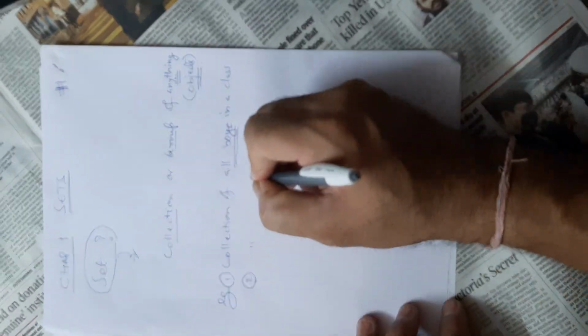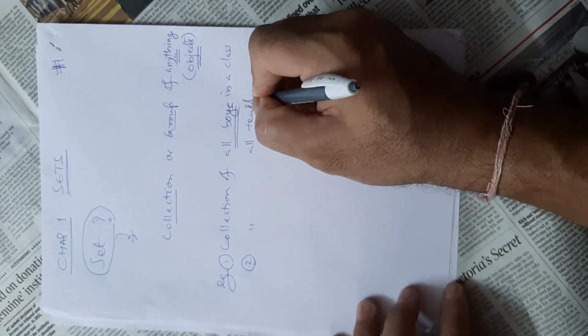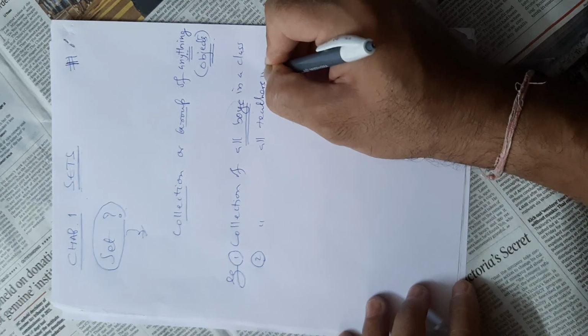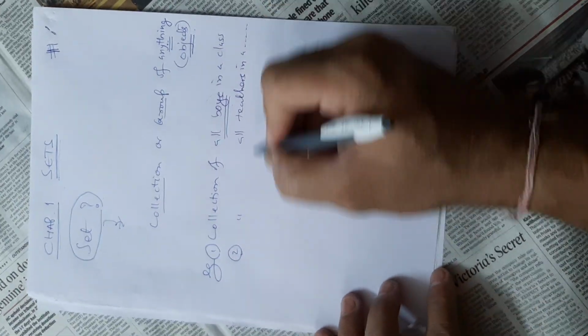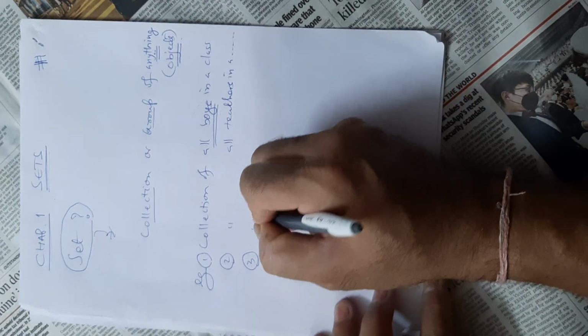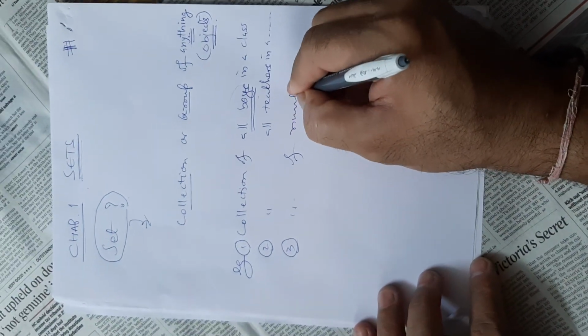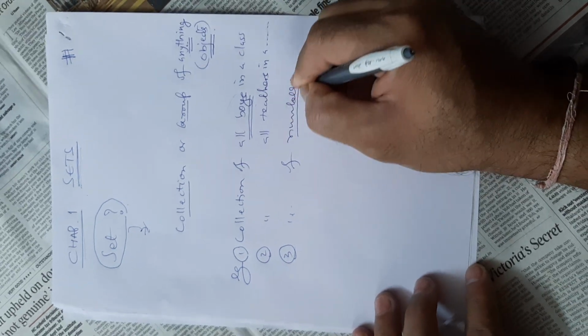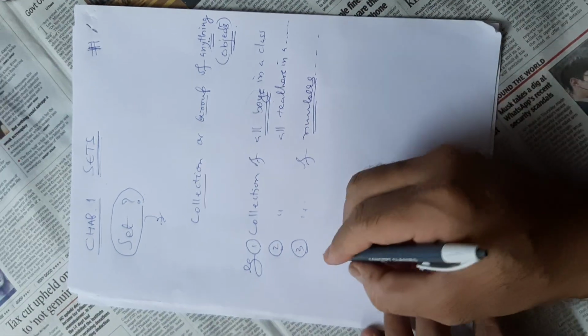Then one more, you can write collection of all teachers in a school. Then we can write collection of numbers, for example, rational numbers and so on, positive integers and so on. So these are examples of sets.